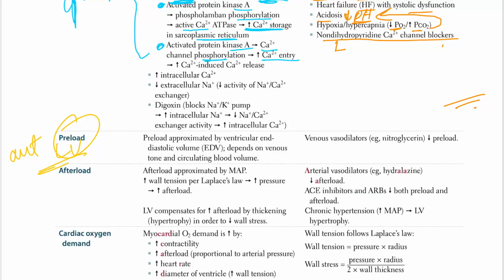So preload is approximated by ventricular end diastolic volume, EDV. It depends upon venous tone and circulating blood volume. So what are they trying to say here? How would you know how much blood is coming into the left ventricle?